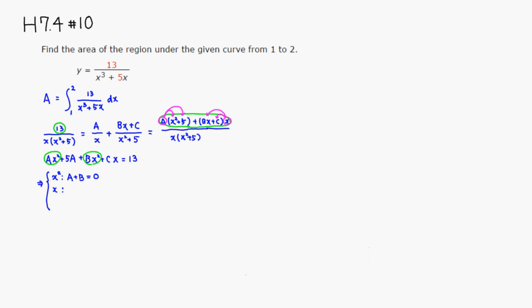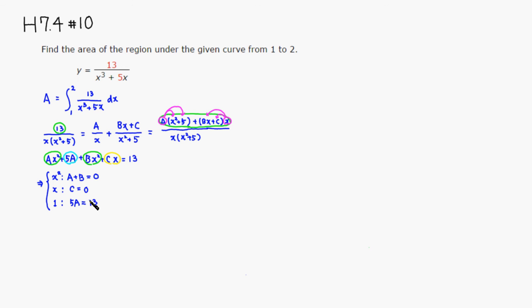There's only one, so C is equal to 0, since there's no linear term on the right. And let's look at the constant term. There's only one constant term here, so it's 5A, which is equal to 13, because the constant term on the right is 13.